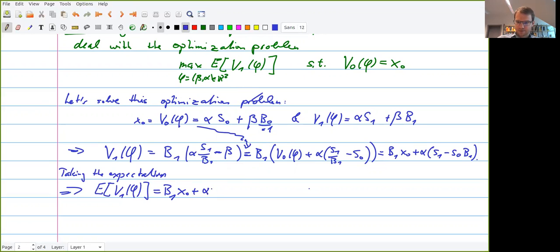I get alpha is 0, and now my S1 can be S0 multiplied with u with the probability p, and then I go downwards, so d multiplied with 1 minus p. That's good. And then here, I put the S0 and the alpha in front, and b1 is nothing else than 1 plus r. This is just the definition of b1.